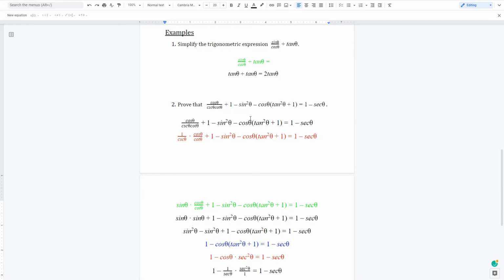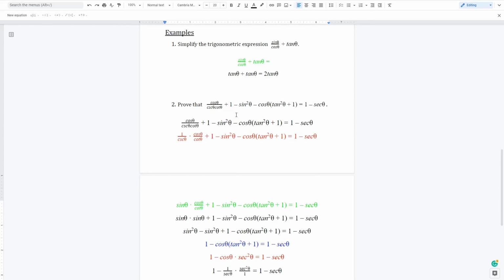So in this case, since I started changing the left side, changing cosecant theta and cosine theta over cotangent theta to sine theta and so on, I can't change the right side as well to make it match somehow. I can't change secant theta when I've already started changing the left side.